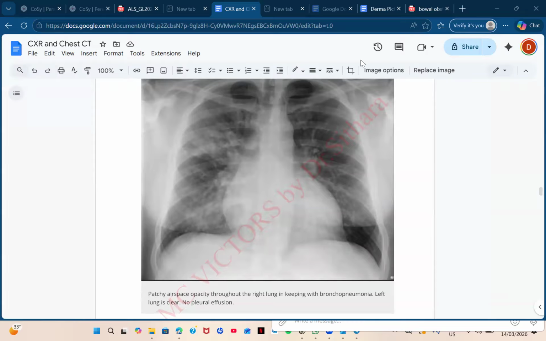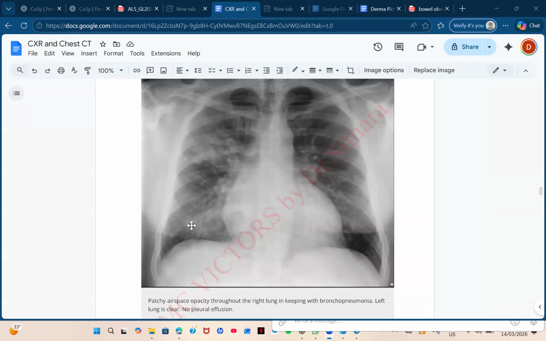Give me an example. It's atypical pneumonia. Give me the best example, the name of the organism. Yes, the main one is Mycoplasma, right? I'll show the picture as well.